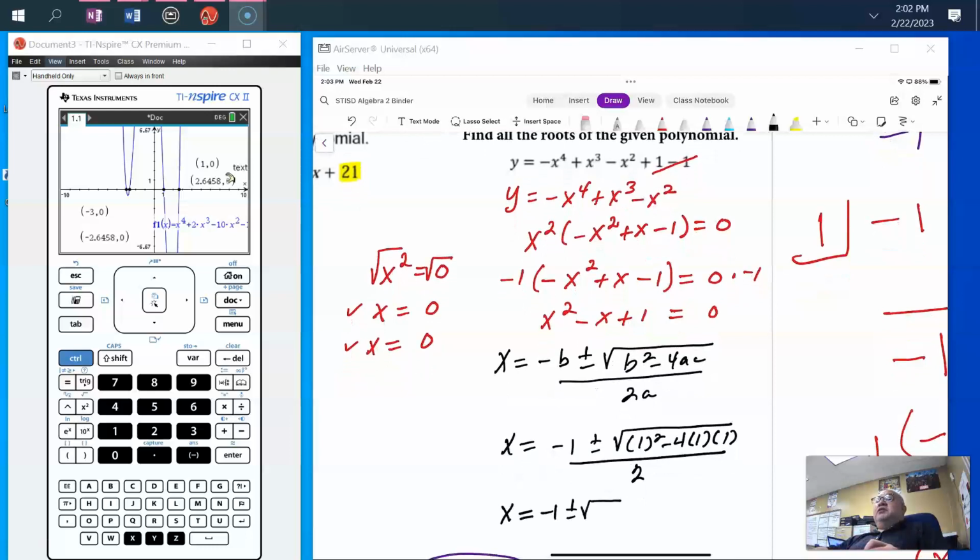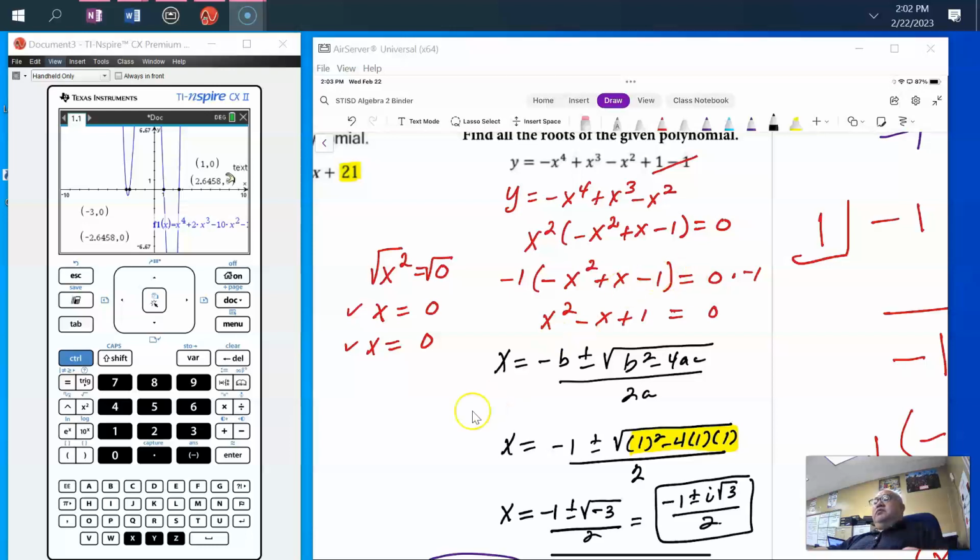When I say discriminant, it's this expression right here. 1 squared is 1, and that's 4. 1 minus 4 is negative 3, over 2. So what are my imaginary answers? Negative 1 plus or minus i square root of 3, over 2.